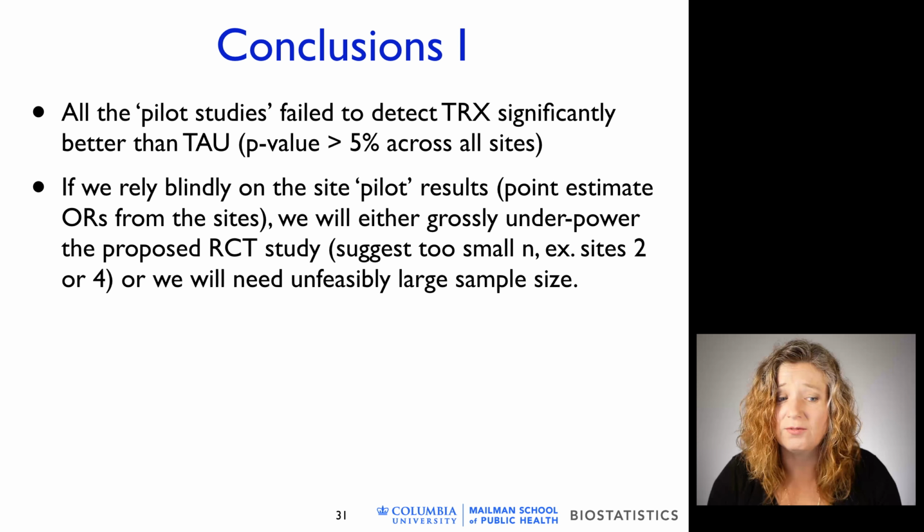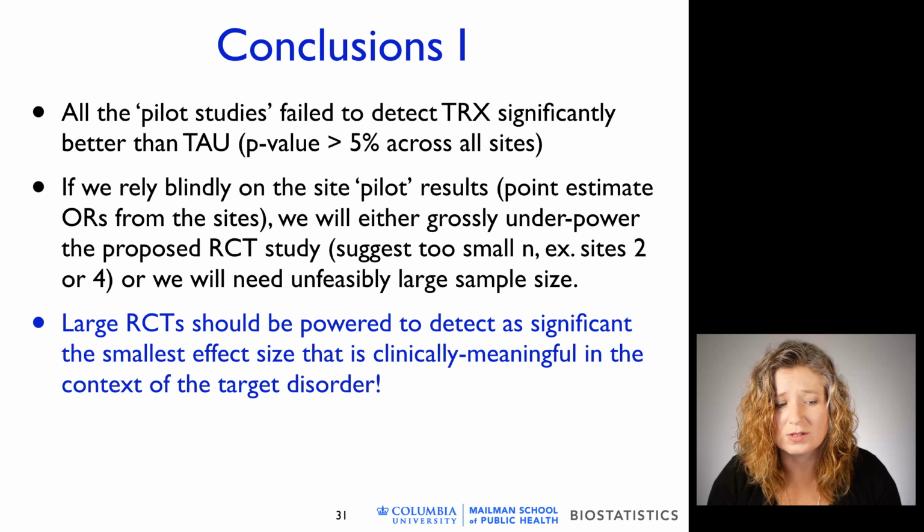The second thing that we saw is that if we rely blindly on the site as a pilot study, their point estimate odds ratio from the site, we will either grossly underpower the proposed RCT, or we will need unfeasibly large sample size for the RCT. Both are not great results.